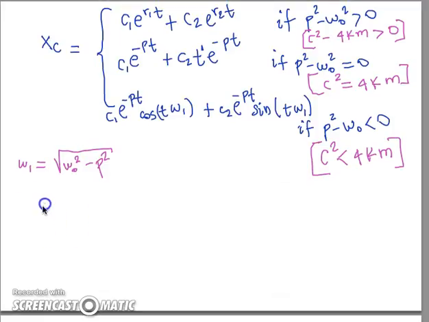One thing we'd like to point out is what happens if we take the limit as t goes to infinity of x sub c of t, the complementary solution.